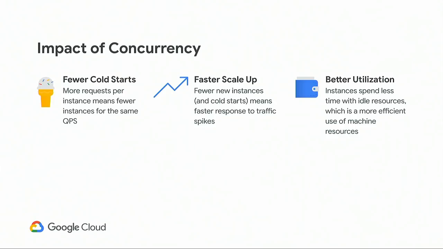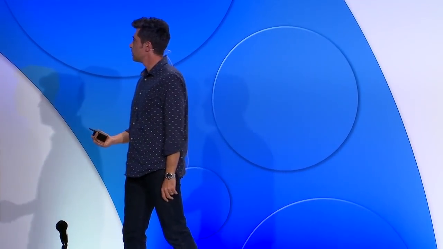Spawning a new instance creates a cold start. Well, if you can serve some of those requests on an existing instance, you have necessarily fewer cold starts. You therefore have a faster ramp up if you have a spike in traffic. And importantly, you have better utilization. So the underlying machinery is going to be better utilized, which has speed, efficiency, and cost implications.